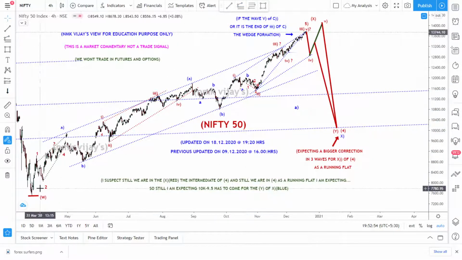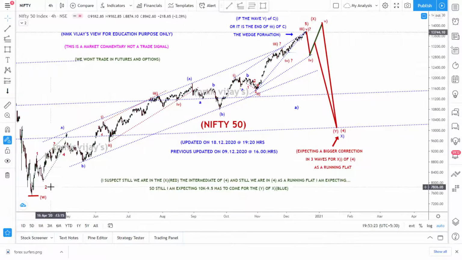But usually if it is a B, C flat correction, the B will be retraced nearly 78.6 up to 95% also. Sometimes it may be a double bottom also. But here if I mark this as a B, the B is very short. That is why it's a doubt for me, but it is in the channel.